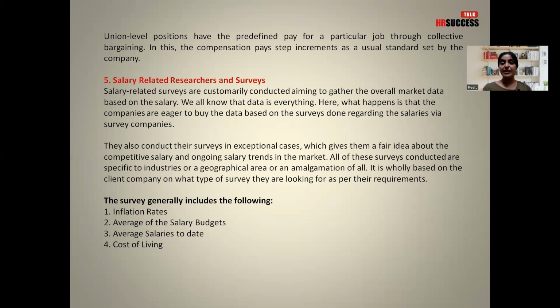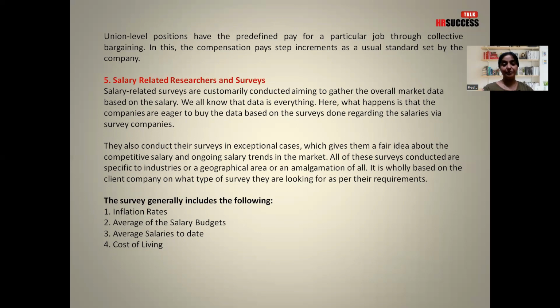All of these surveys conducted are specific to industries or a geographical area or an amalgamation of all. It is wholly based on the client company on what type of survey they are looking for as per their requirements. The survey generally includes the following: inflation rates, average of the salary budgets, average salaries to date, and cost of living.